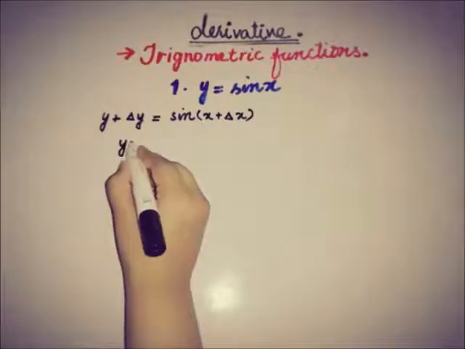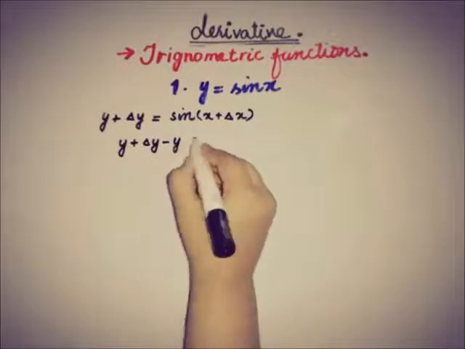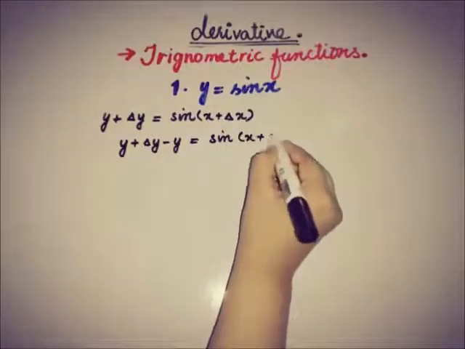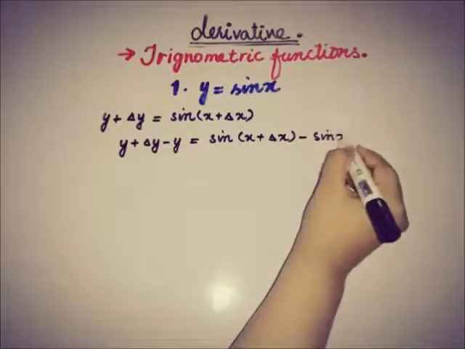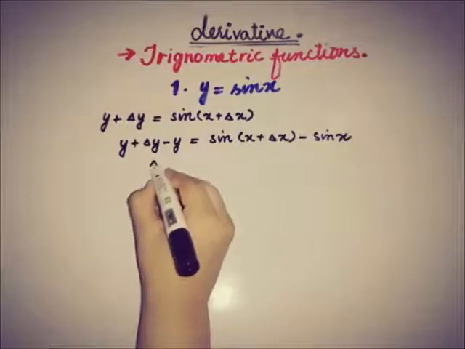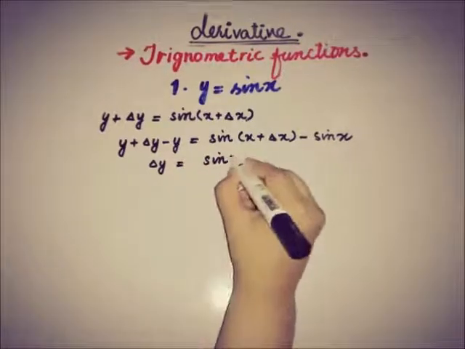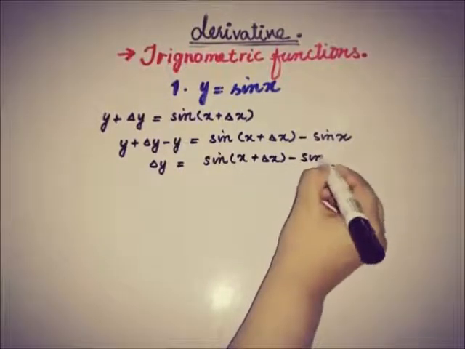We will get y plus delta y minus y is equal to sine of x plus delta x minus sine of x. We will get delta y is equal to sine of x plus delta x minus sine of x.